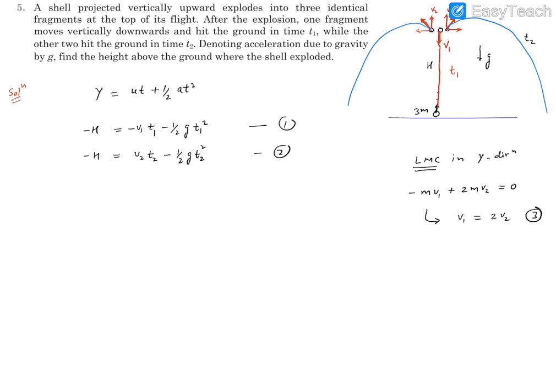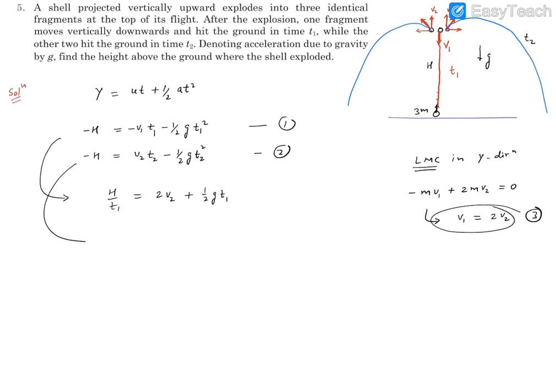Now you can solve for v1, v2 and h. The question demands h, so we can eliminate v1 and v2. For that, we substitute the value of v1 in the first equation. Multiplying by minus 1 and dividing by t1, we get h by t1 is equal to v1, and in place of v1 we write twice v2, plus half g t1.